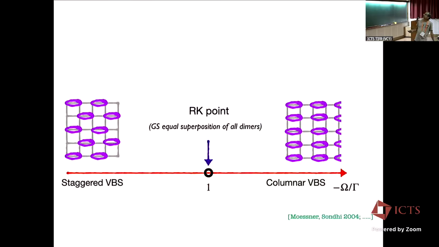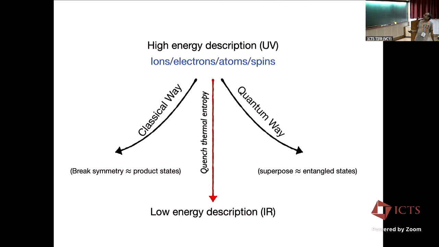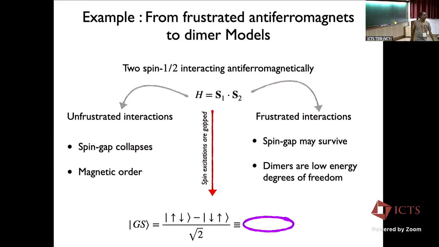Okay. Yes, exactly. So you were saying that starting from this SS model, you got the dimer model. Yeah, so one can try to do that, but the underlying lattice needs to be chosen so that you have frustrated interactions, so that the spin gap does not collapse.